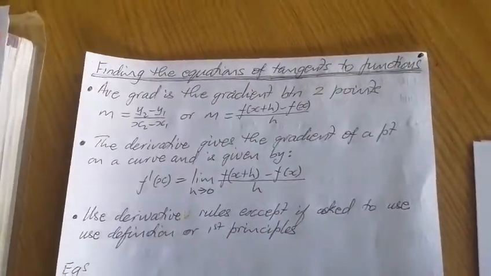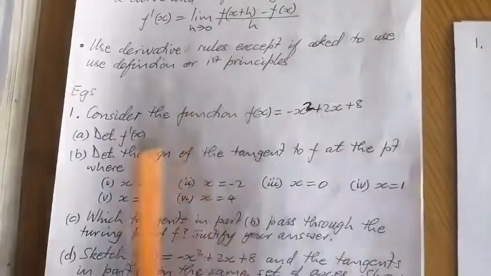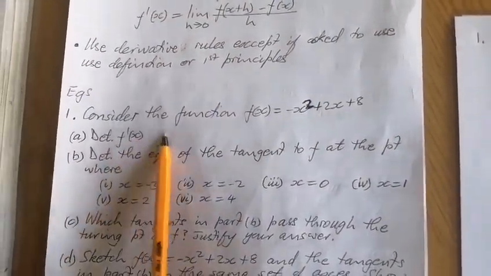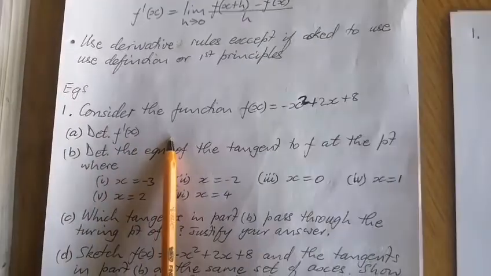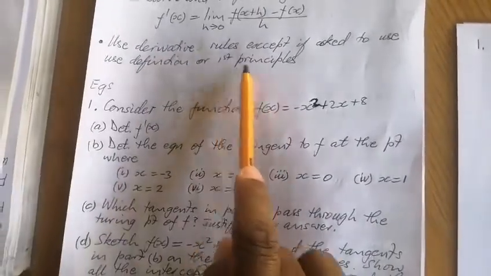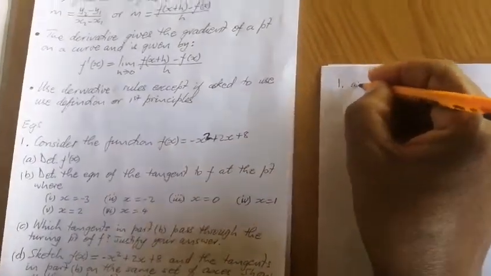I'm going to go through this example with you, example 1, and I'm going to read. Consider the function f of x is equal to minus x squared plus 2x plus 8. Then part A is saying determine f dash of x. This question does not demand us to make use of definition or first principles. So we are going to answer this question straight by use of rules.